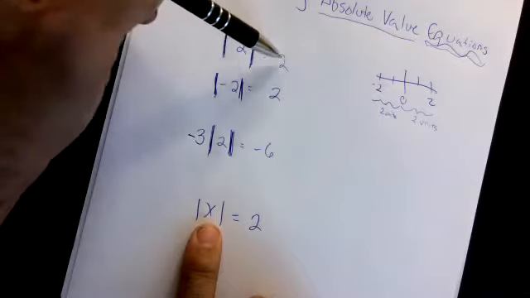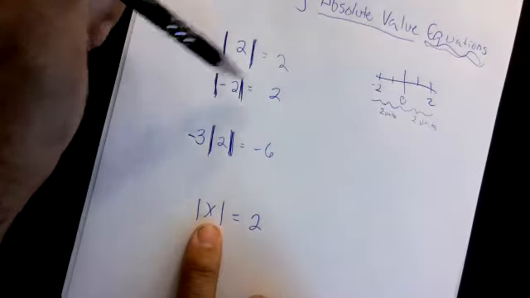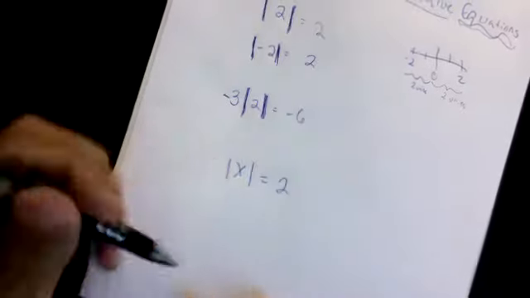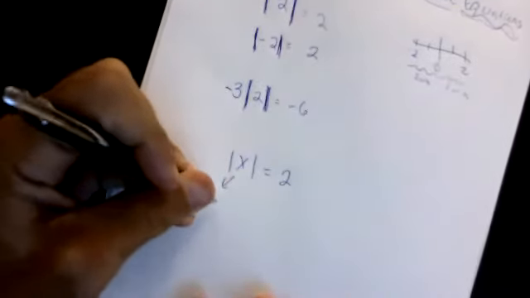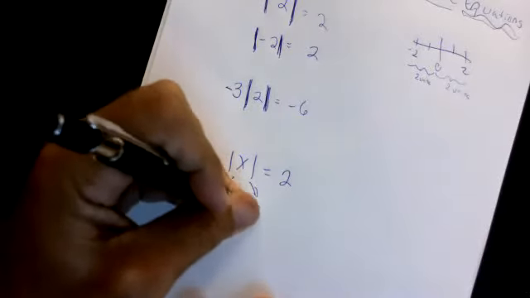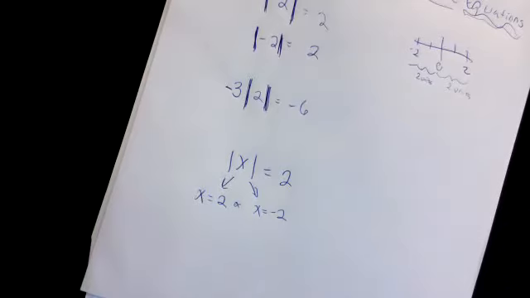Because if I plug in a positive 2, I get a positive 2. If I plug in a -2, I also get a positive 2. So to solve the absolute value of x equals 2, x could equal positive 2, or x could also equal -2.